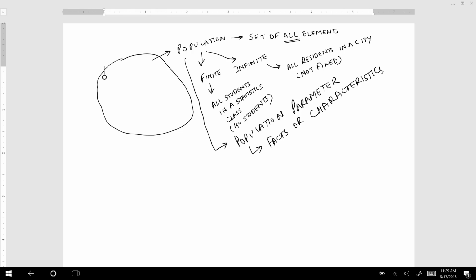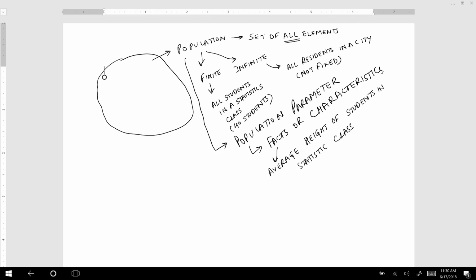So a fact would be like the average height of students in a statistics class.